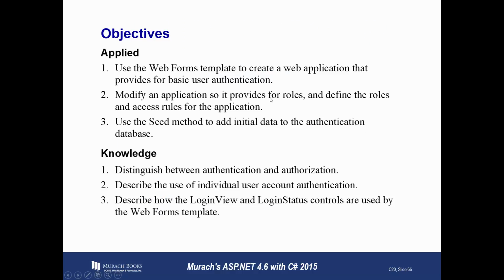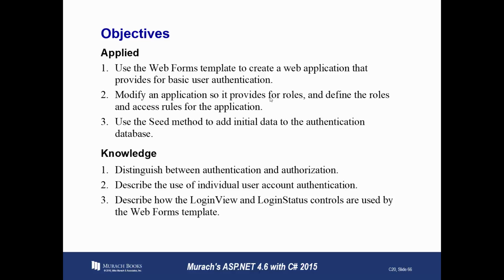So, we finished another chapter, and this chapter was designed to give you some thoughts on authentication and authorization. We learned how to use the web forms template to create a web application that provides for basic user authentication, how to modify an app so it provides for roles, and how to define the roles and access rules for the application, how to use the seed method, although I really didn't go over that at all, and how to distinguish between authentication and authorization.